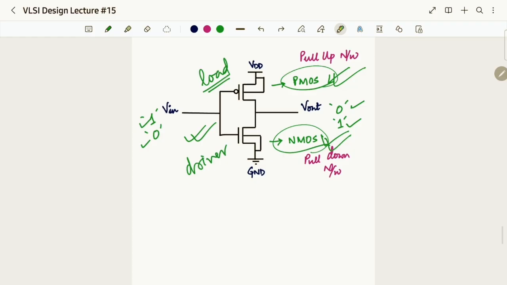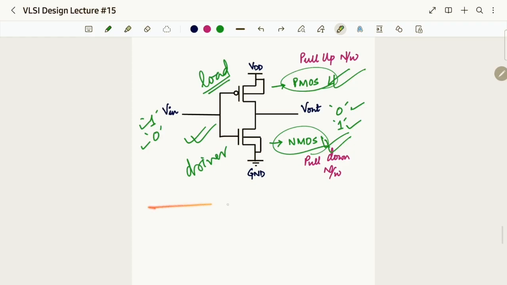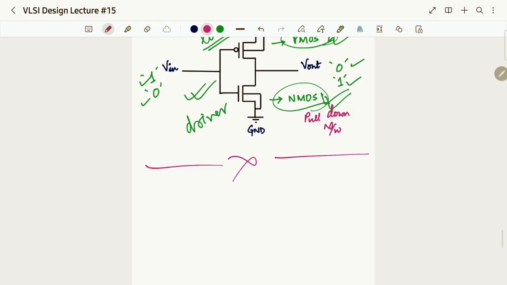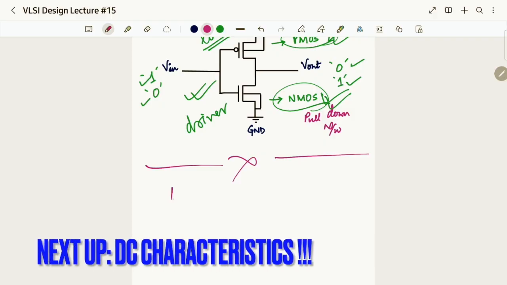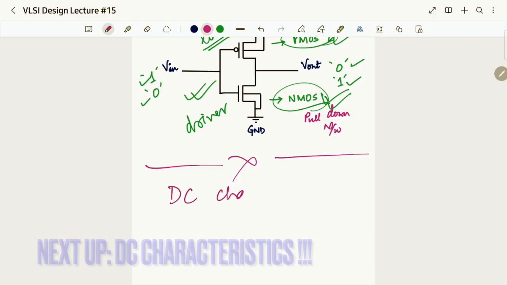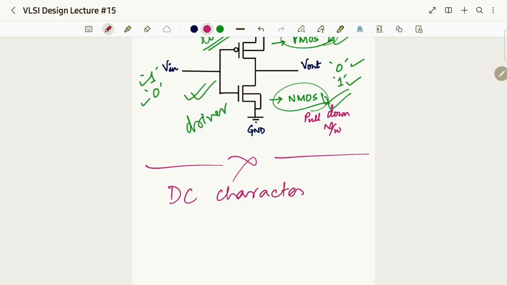Okay, so this is where I will wrap up our today's session. I know it is very interesting, right? And in our next class, we are going to cover the DC characteristics of our CMOS inverter. Sounds a bit too heavy, right?